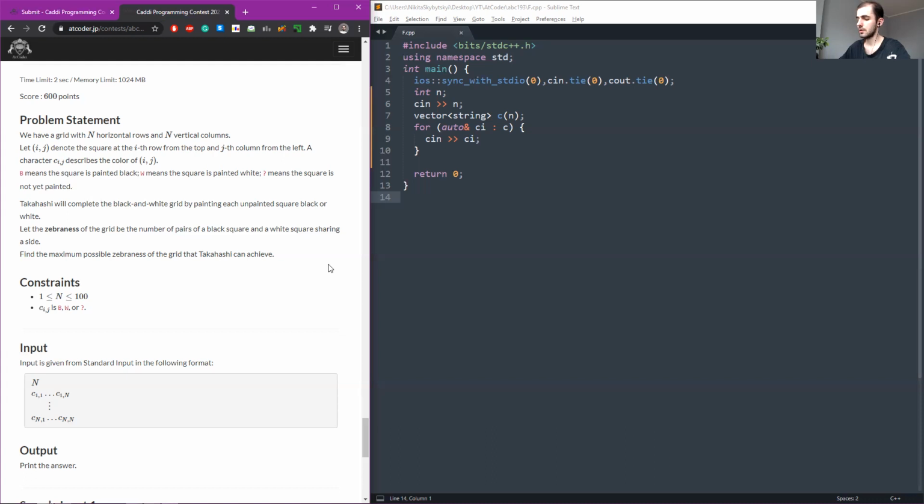By it, I mean some sort of maybe DFS to get the components of question marks, maybe BFS actually. Not 100% clear what I should do.